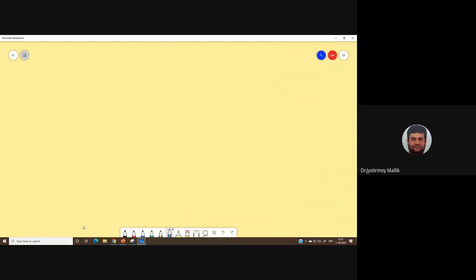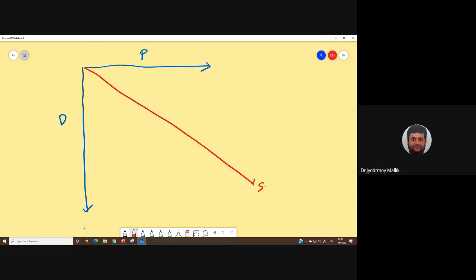Okay. So to do that, let us again draw the pressure depth curve. So here is pressure and depth, and let us say this is SV. Okay. And let's not be too bothered about S capital H at this moment. Let us just draw the S small h here, which is my fracture gradient.